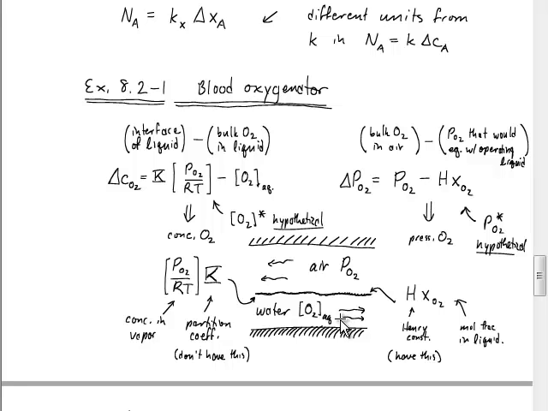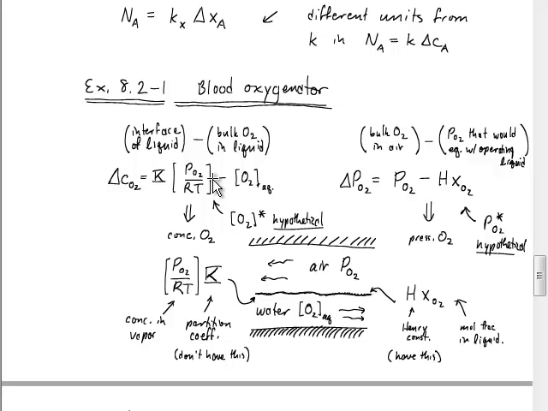Well, you could do it as a purist and think about the concentration difference between these two phases. But of course, concentration is not very convenient to think about in the gas phase. We often know instead the pressure. But I could take that partial pressure of oxygen, divide by the gas constant times temperature, and then have a partition coefficient between the vapor phase and the liquid phase, that would give me a concentration of oxygen right here on the inside edge of that water phase.